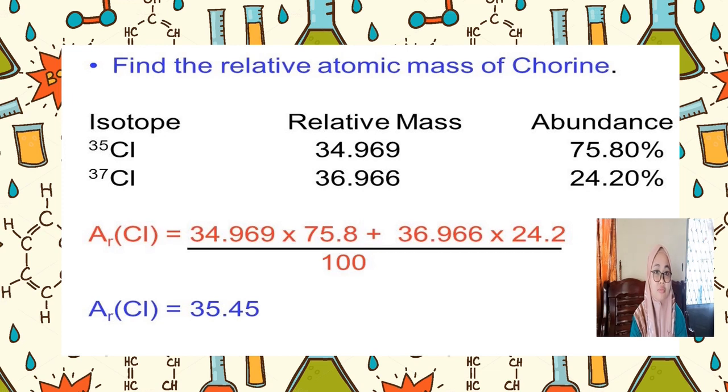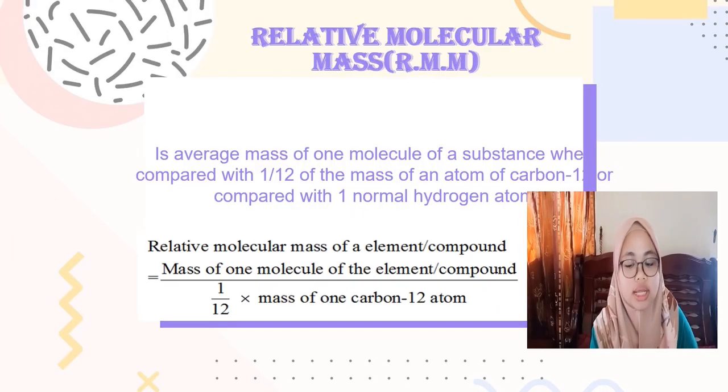Let us proceed to our next discussion, which is the relative molecular mass, RMM. RMM is the average mass of one molecule of a substance when compared with 1/12 of the mass of an atom of carbon 12, or compared with one normal hydrogen atom.